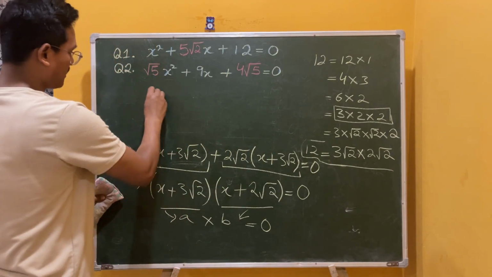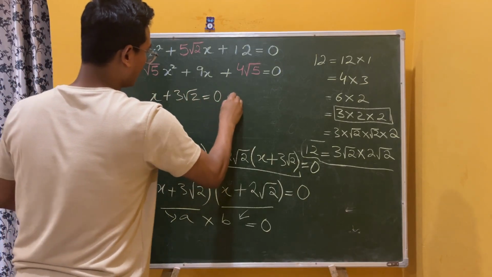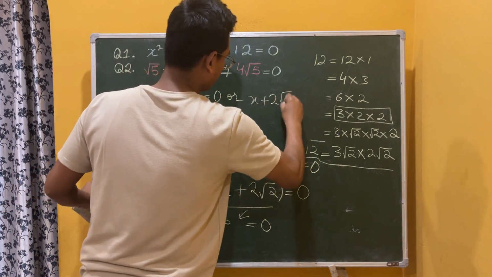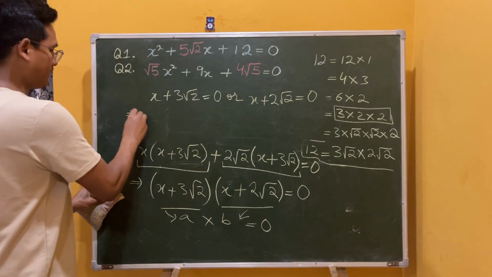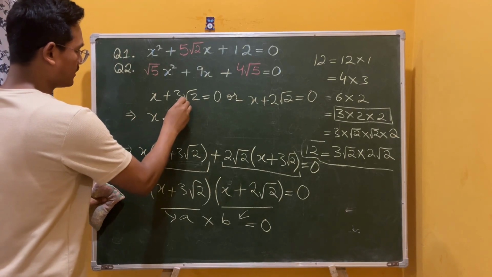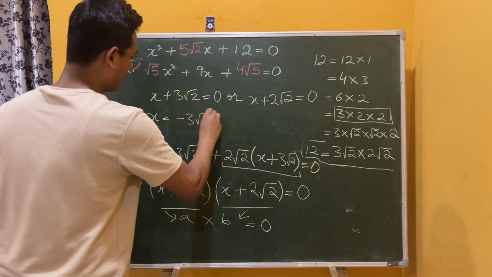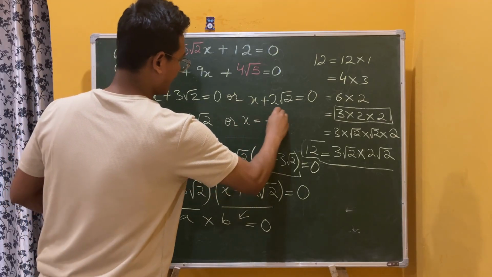So it's either x plus 3 root 2 equals 0 or x plus 2 root 2 equals 0. Solving these two equations, x equals minus 3 root 2 or x equals minus 2 root 2.